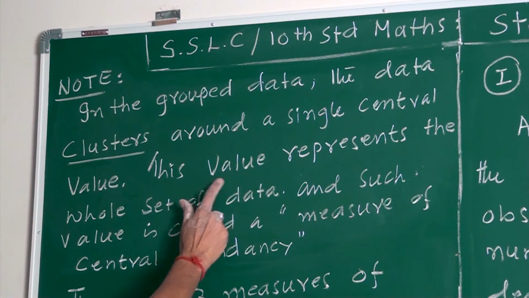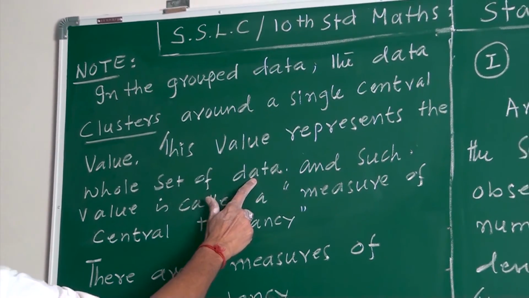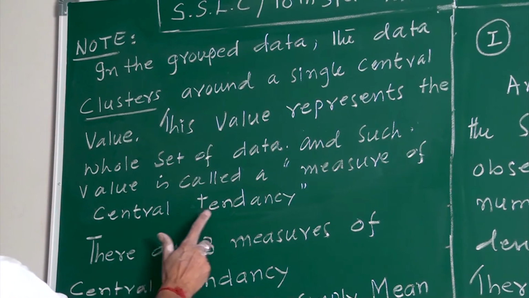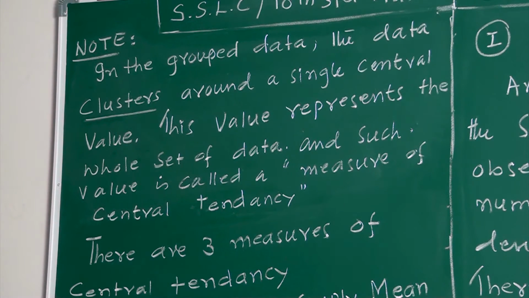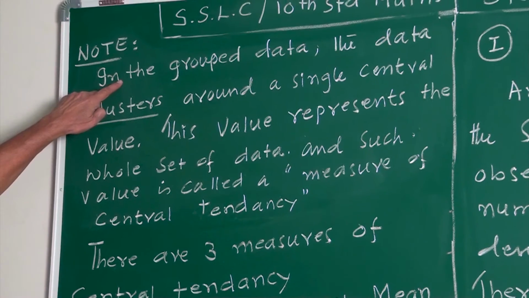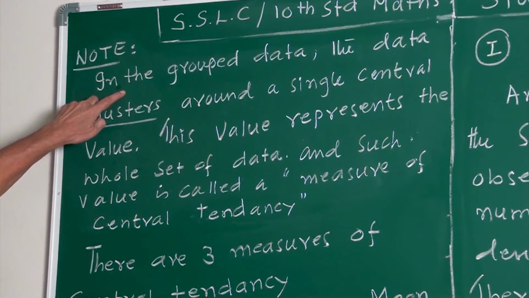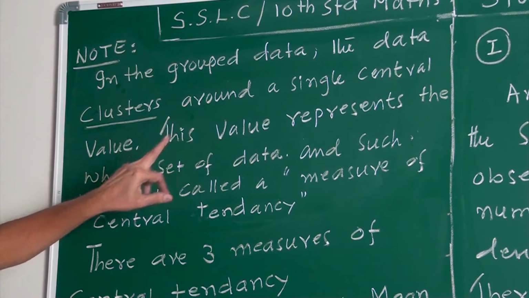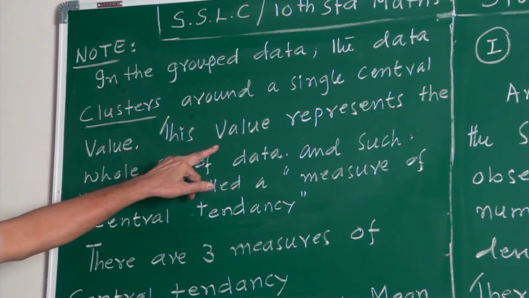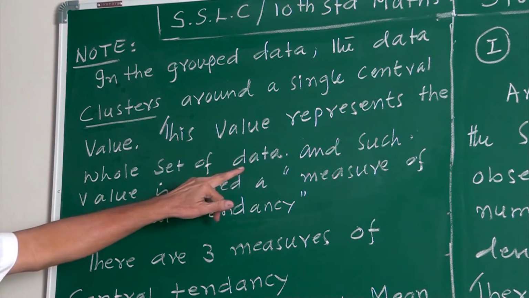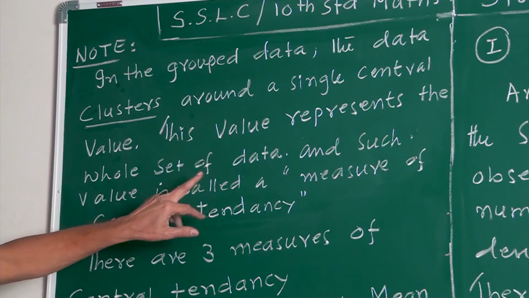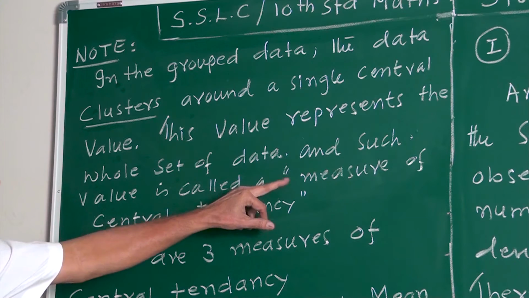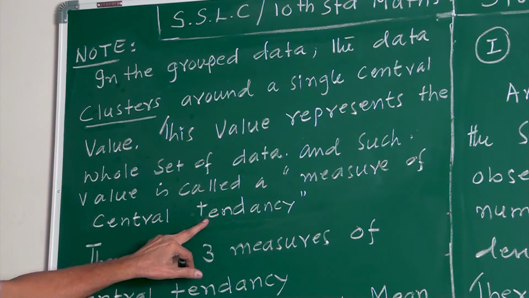This value represents the whole set of data, and such a value is called the measure of central tendency.